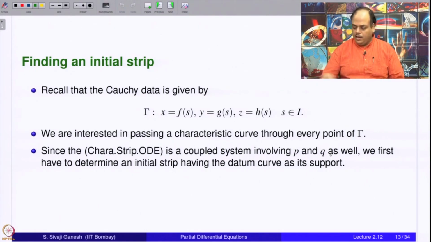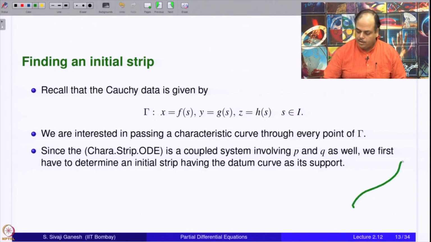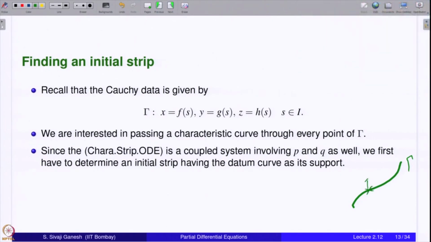In other words, at every point of the datum curve, if this is gamma, any point, we need to associate a vector. I am saying vector because two numbers are there, and this should finally have this property that this is Ps, the point is s. This is Fs, Gs, Hs.